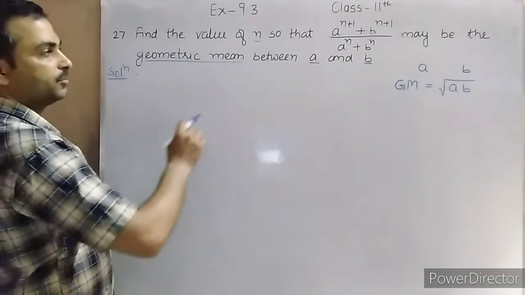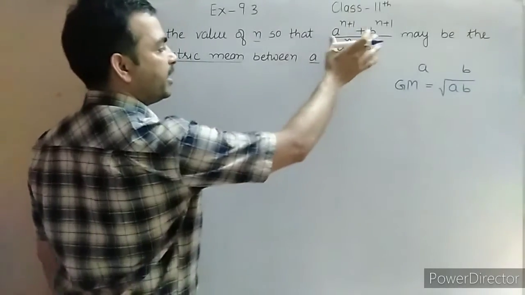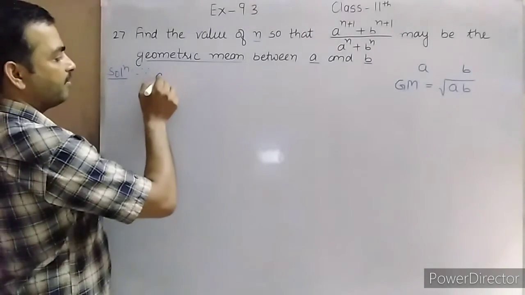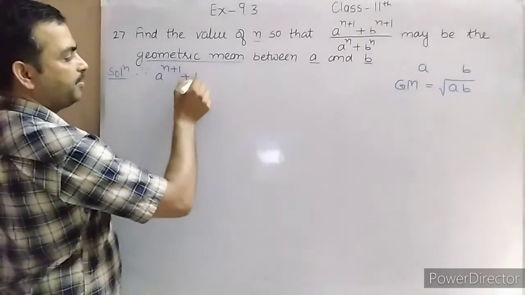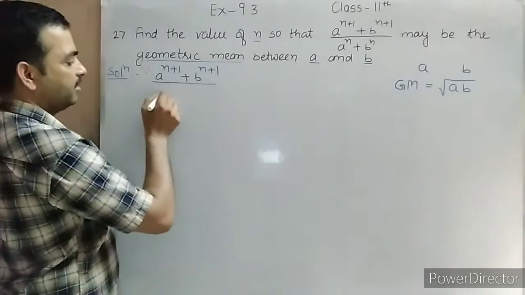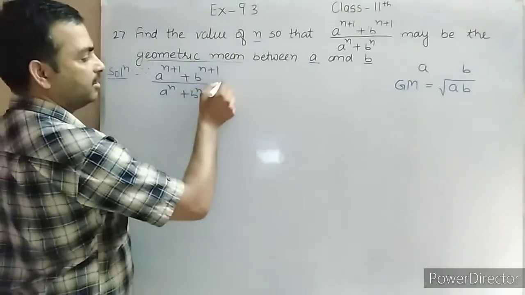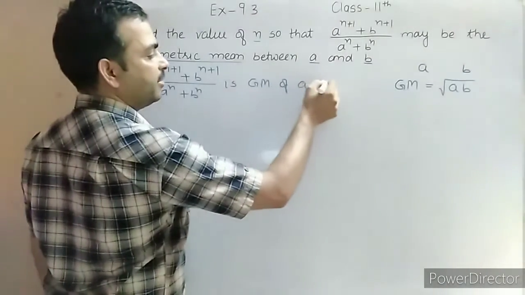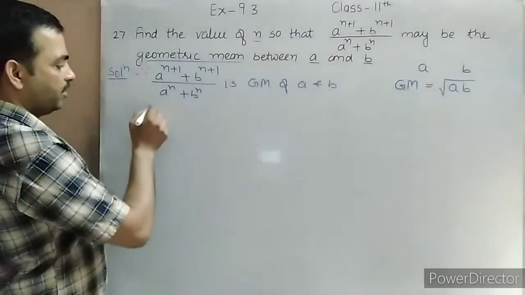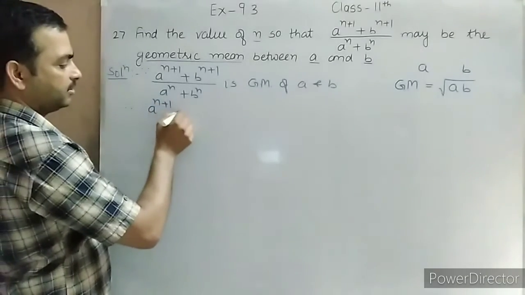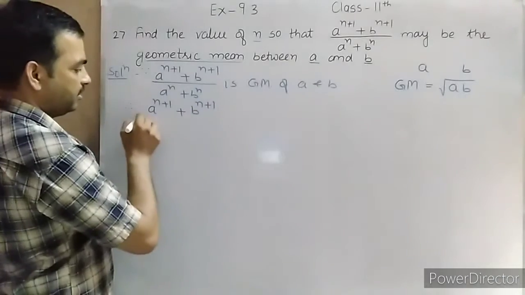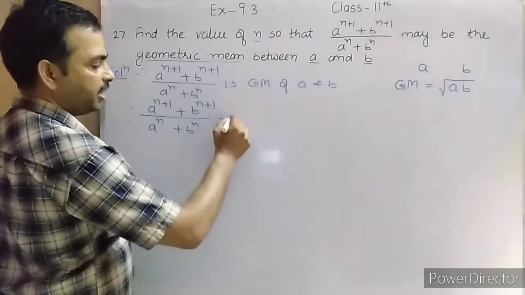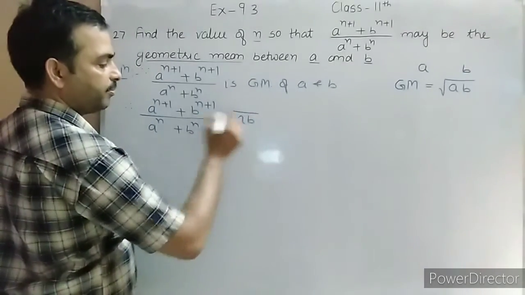Using this, since (a^(n+1) + b^(n+1)) divided by (a^n + b^n) is the GM of a and b, therefore (a^(n+1) + b^(n+1)) divided by (a^n + b^n) is equal to square root of ab.